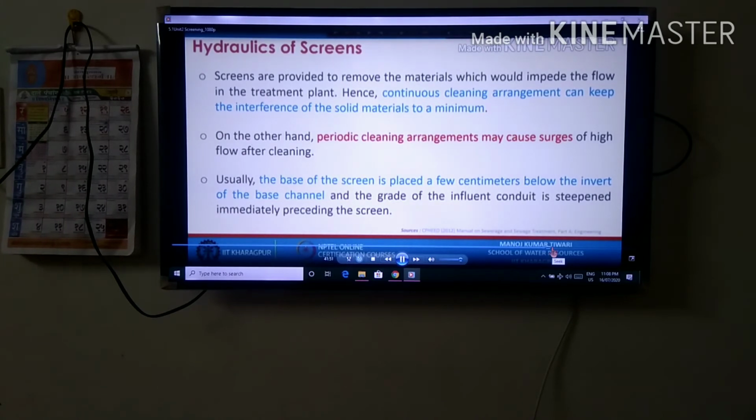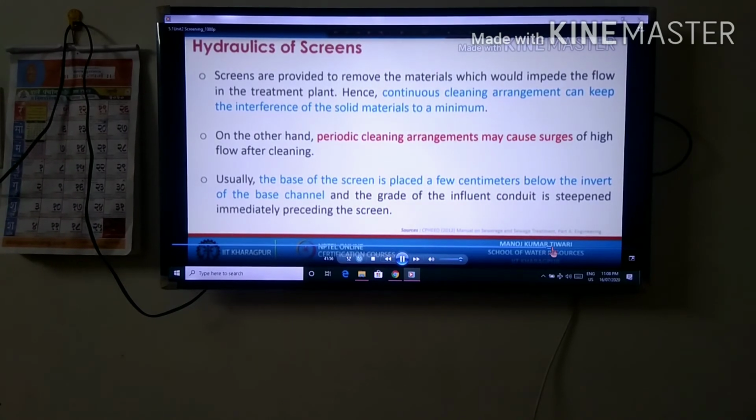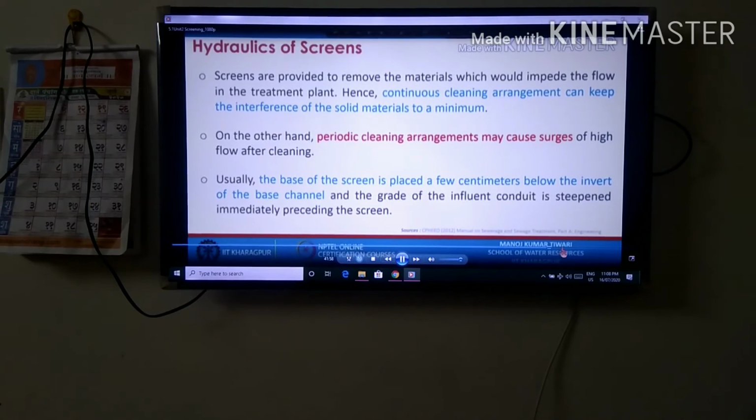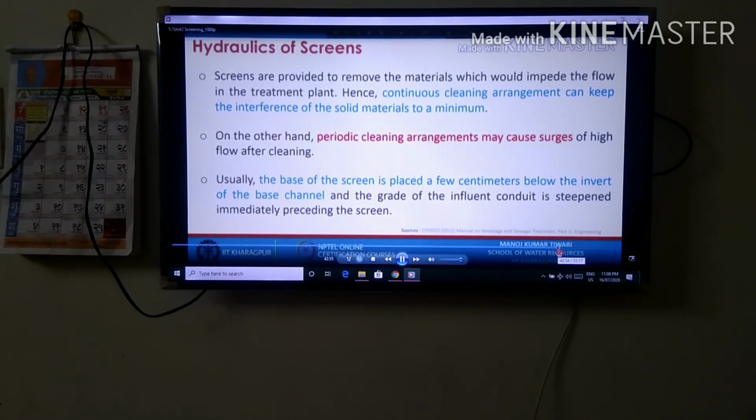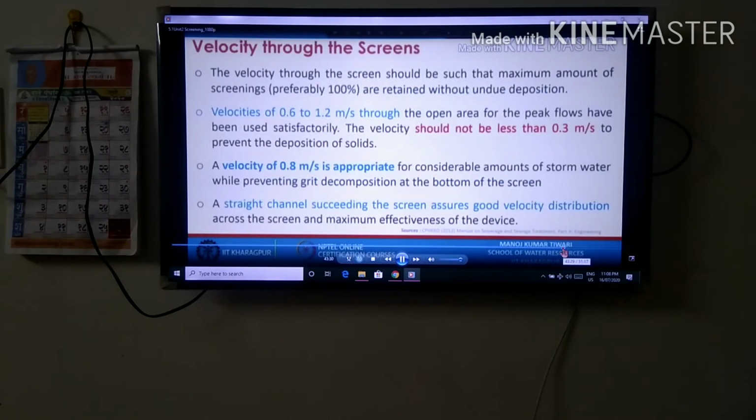So if we make a continuous cleaning arrangement, it can keep the interferences to the solid material at a minimum level. But the aspect and grade of the influent conduit is steepened immediately preceding the screen. The velocity through the screen should be such that the maximum amount of screenings or solid materials are retained without undue deposition. Okay.